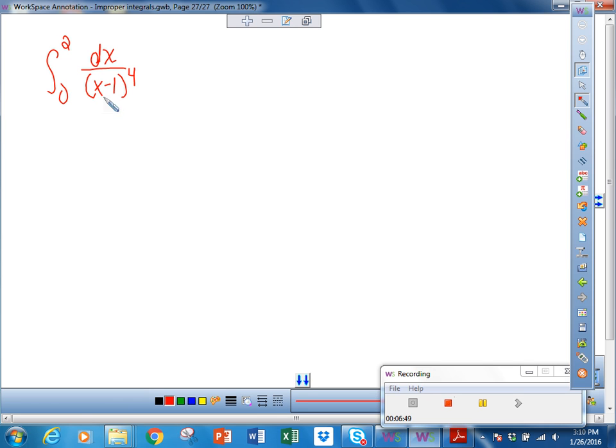Now, what are my points of discontinuity for this? x equals 1 is a point of discontinuity. This is a little different because I'm coming from the left and the right to get to 1, so I have to do this one a little differently. I have to take the limit as b approaches 1 from the left, and integrate from 0 to b.